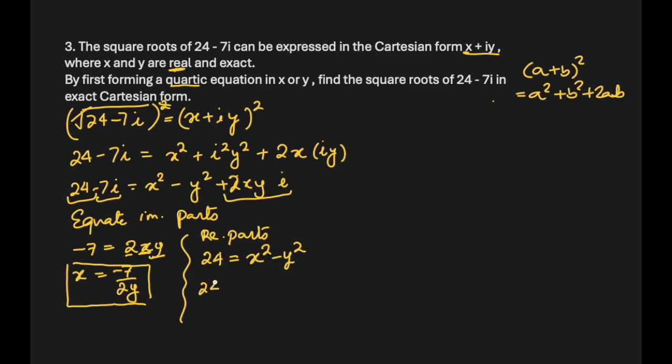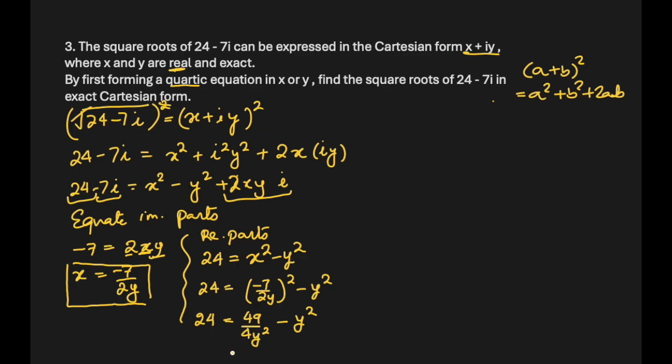So 24 equal to negative 7 over 2y, whole square, minus y square. So what are we left with? Let's expand this. 24 equal to 49 over 4y square minus y square.